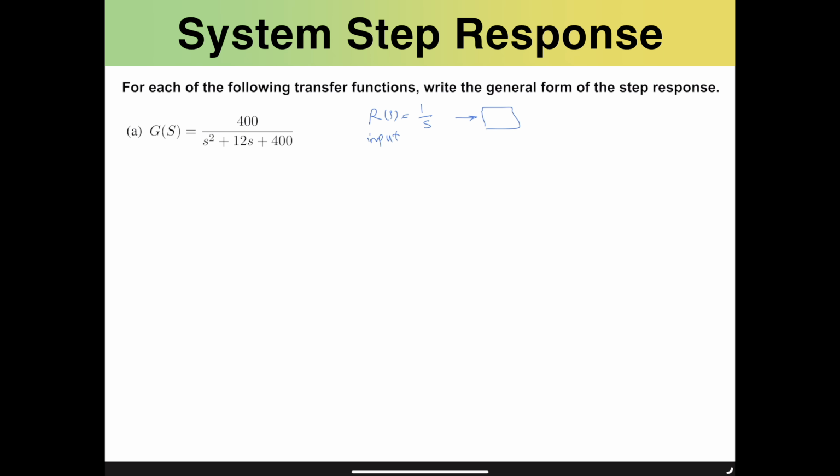And that is going to be applied to a system with a transfer function of G(s). The output C(s) is what we are after. C(s) in frequency domain is simply R(s) times G(s). We just need to convert C(s) back into time in order to find the behavior in time for this function.